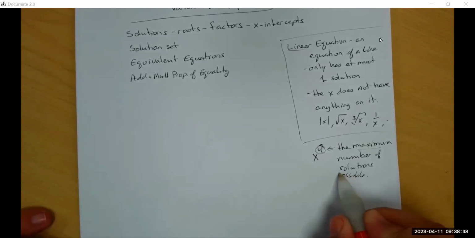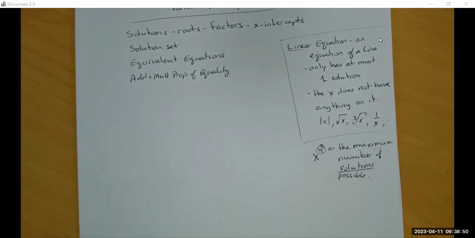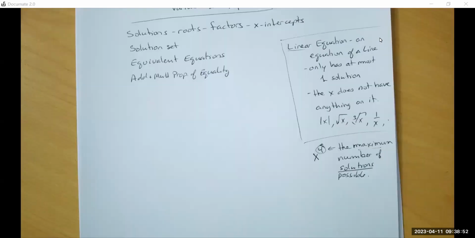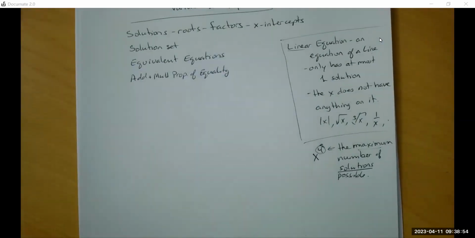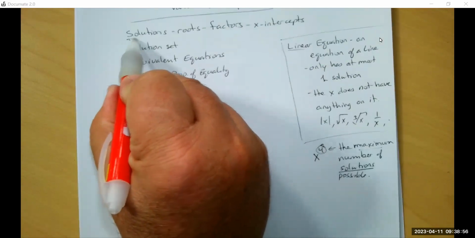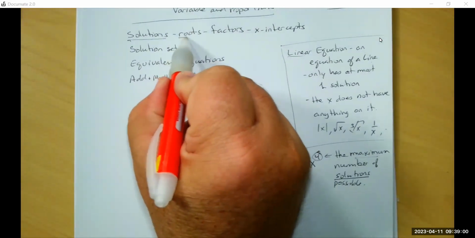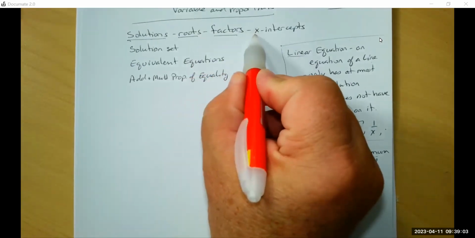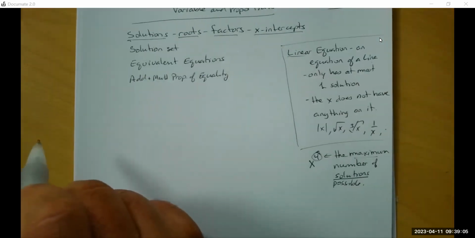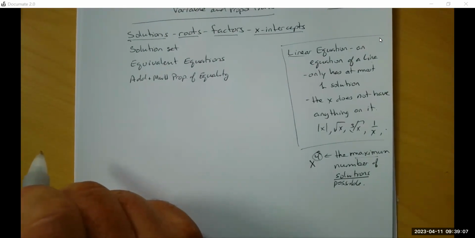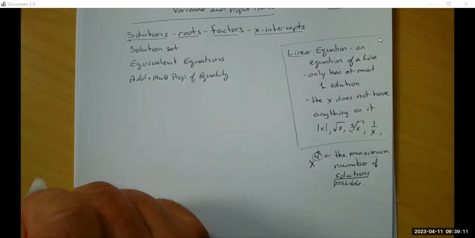Which goes to ask, when we say solutions, what are we talking about? Solutions have multiple names. They're also called roots, factors, x-intercepts on the graphs. Those all mean the same thing. They're synonymous, they're interchangeable.